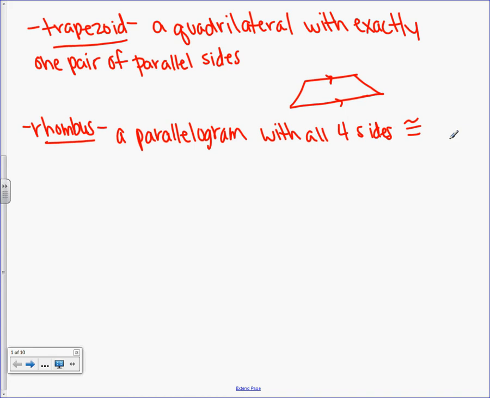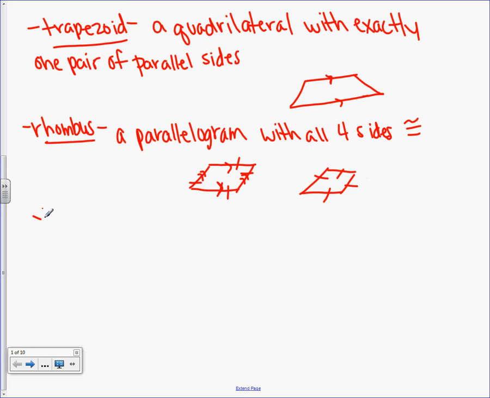And then again, a picture. Parallel, parallel, parallel, and congruent, congruent, congruent, congruent. That's kind of a lot. You don't really need the parallel marks, I guess. So I would just do something like that.